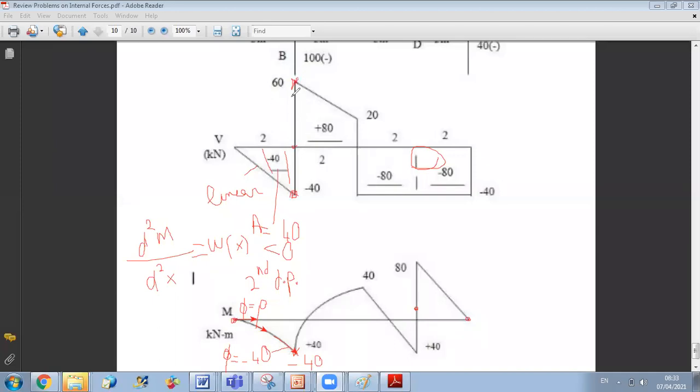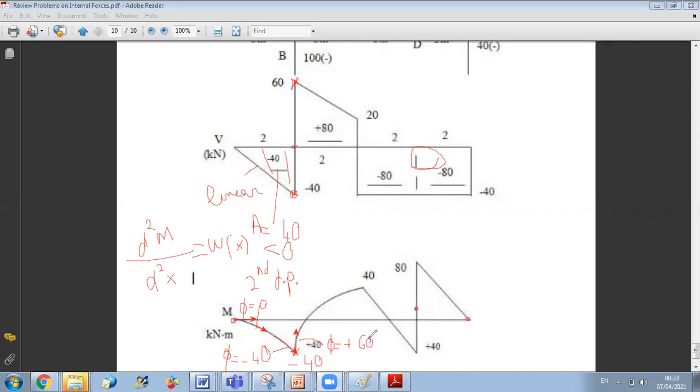So you have a jump in slope from negative to positive value. Here you can represent it by this. You put here a new slope. This slope is equal to plus 60. So now V becomes positive, so I have increasing moment now.